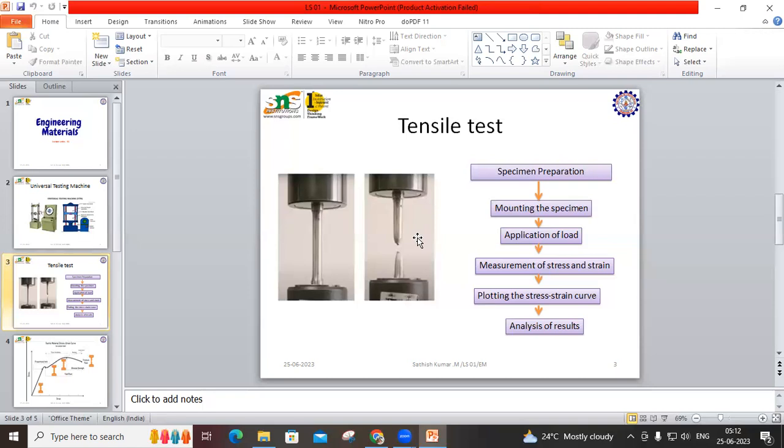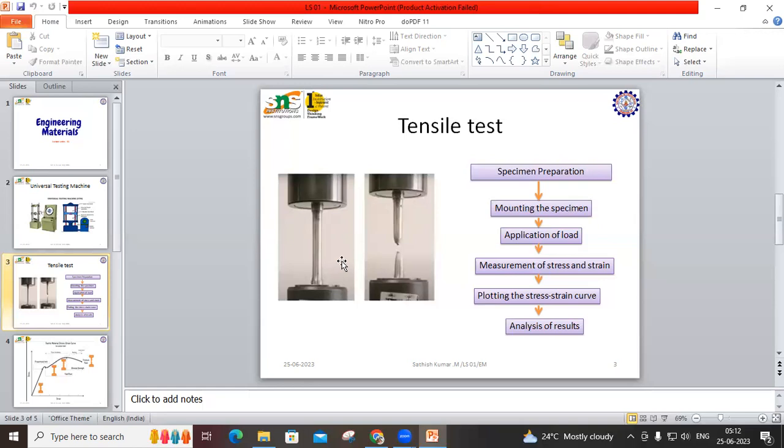We follow ASTM standards, and for the tensile test we have E8 as the standard. The specimen is machined into a specific shape and dimension, including a reduced section in the middle called the gauge section. The diameter of the round rod at the ends is greater than the middle section.